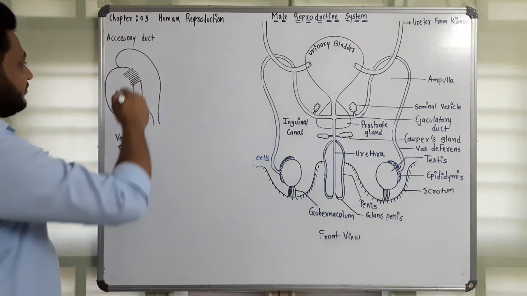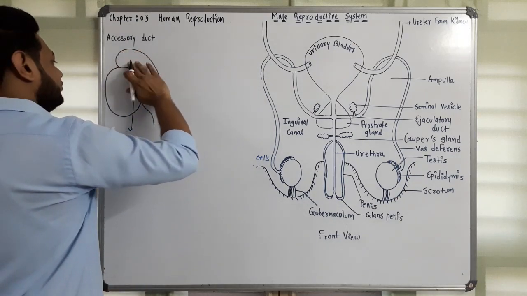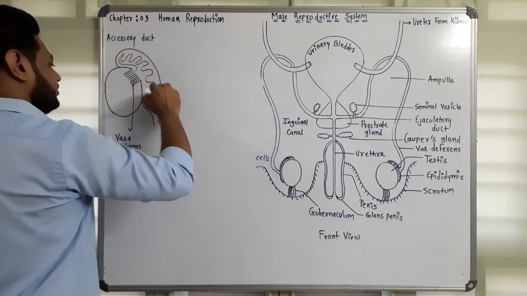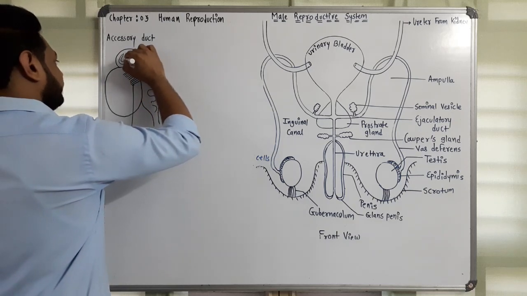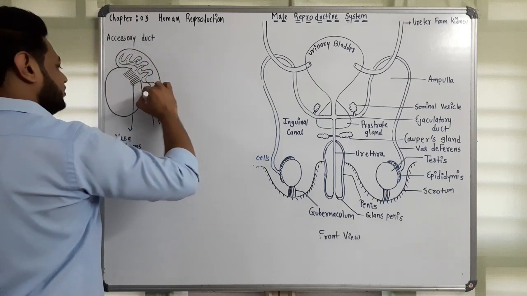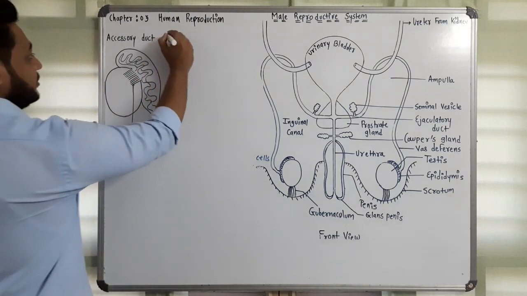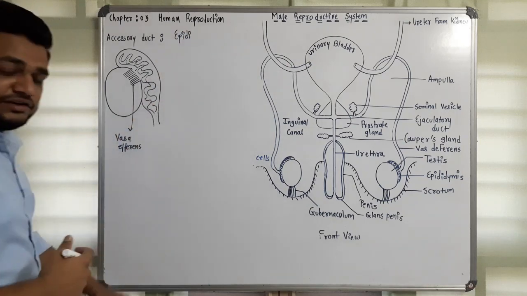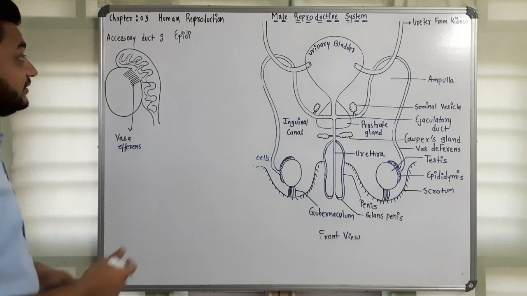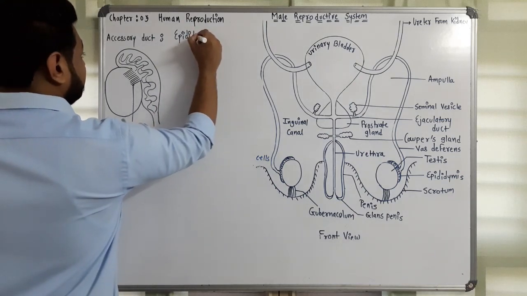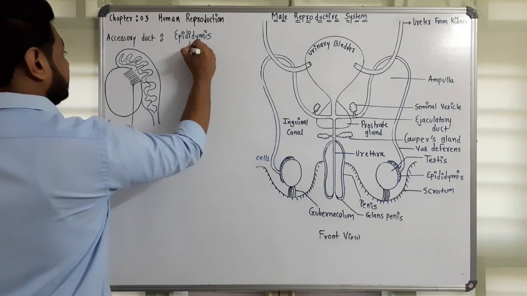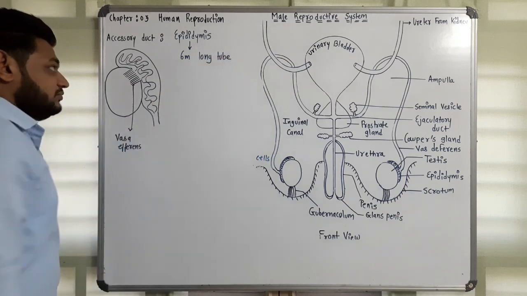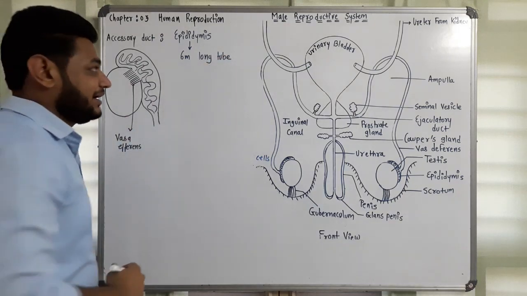Now it is a very highly coiled tube, like this. The epididymis is 6 meters long, so you can imagine how long it is. The epididymis is divided into 3 parts.